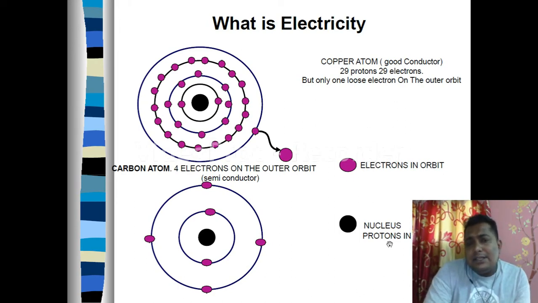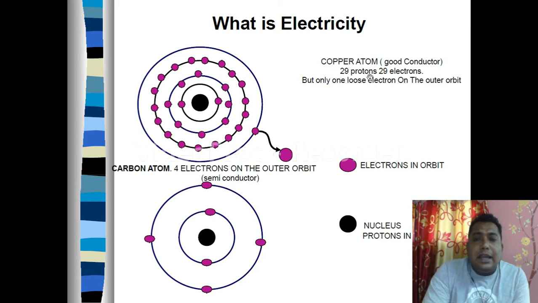Let us see what is written over here. Copper atom, good conductor: 29 protons and 29 electrons, but only one electron in the outer orbital.